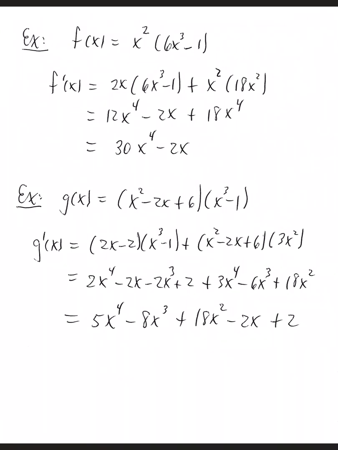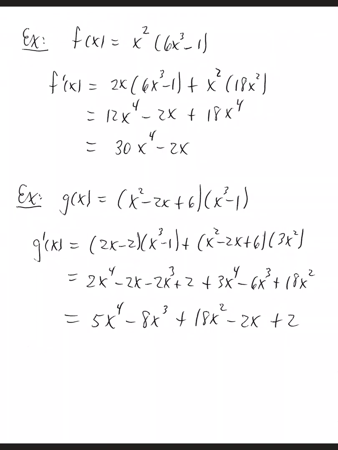And then our final example, let's let g of x be defined as the product of x squared minus 2x plus 6 times x cubed minus 1. Derivative of the first is 2x minus 2, leave the second part alone, plus the first part left alone times the derivative of the second, which would be 3x squared.